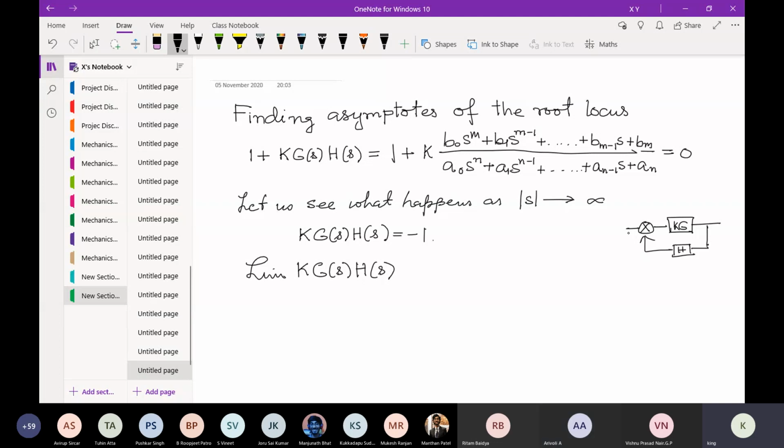Sir, but that G is the open loop transfer function of the system, right? So why will there be a K in it? Not considering the control system, G will be the transfer function for that system only. No, but when we are dealing with the root locus, KG is known to us.